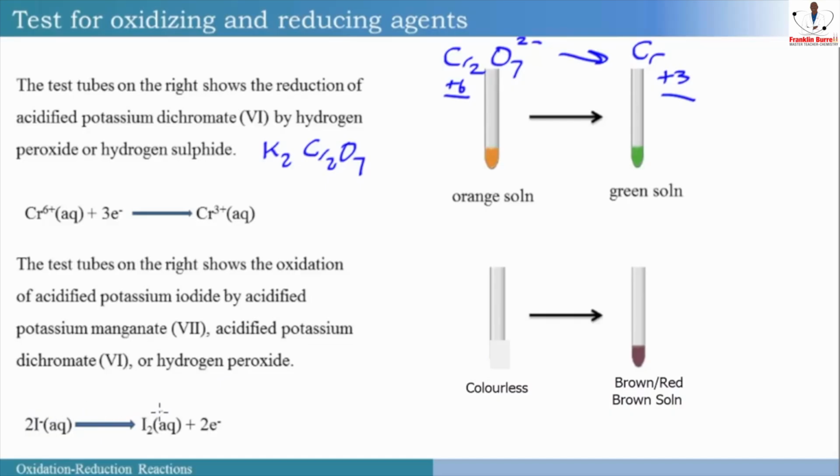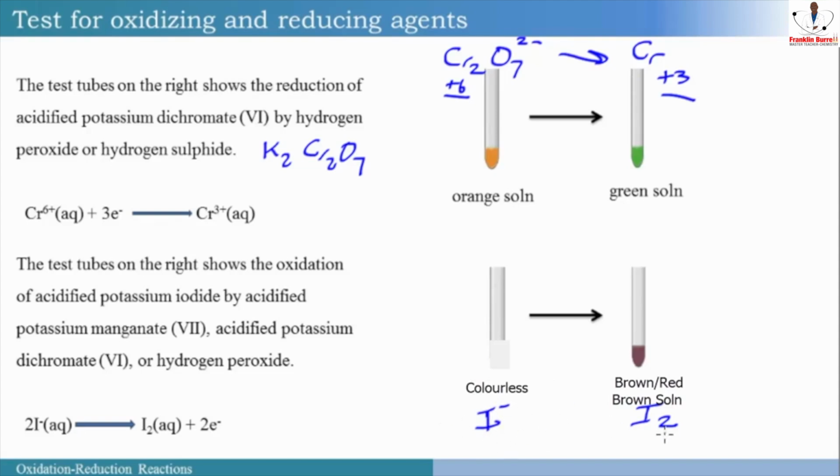In other words, it is oxidized. Remember, the oxidizing agent causes the other substance to be oxidized while itself is reduced. And so you'll observe a color change here from pale brown to brown, where this is now your iodine and this yellow is your iodide ion.